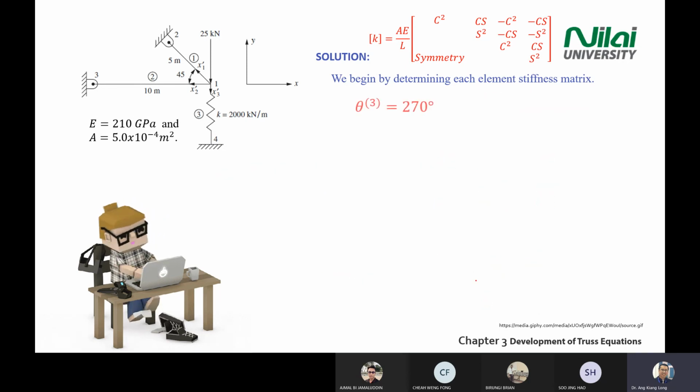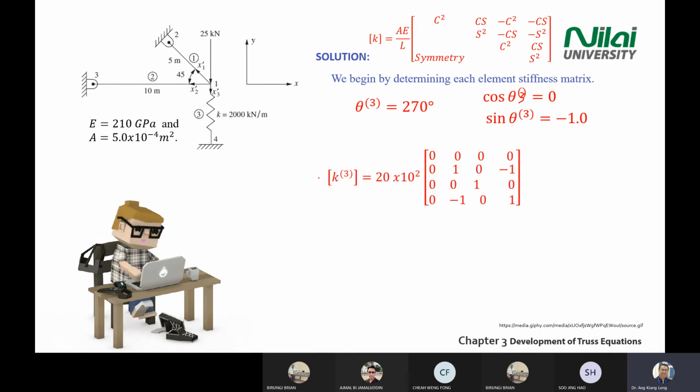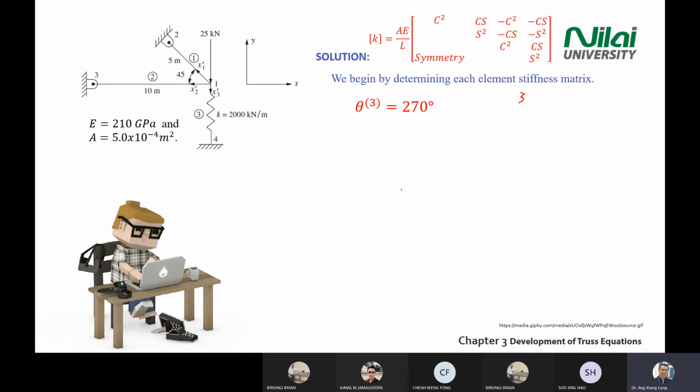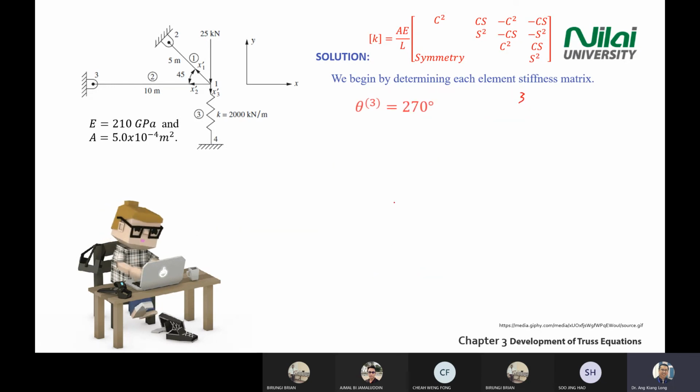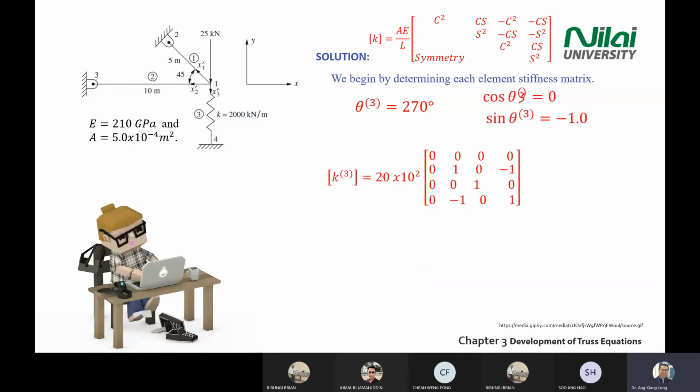Then after that, you solve for the third one, 270. Oh, the 3 is missing here. Then cosine, and you calculate, you get K3 equal to 20 and so on. So as you can see, you need to make an adjustment on this one because the previous one is 105. This one is 20.